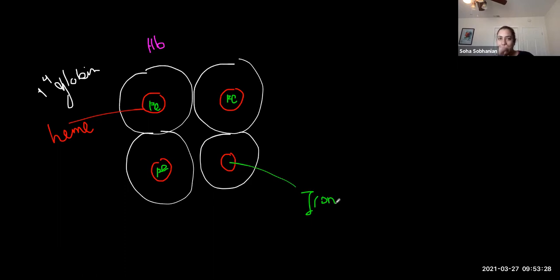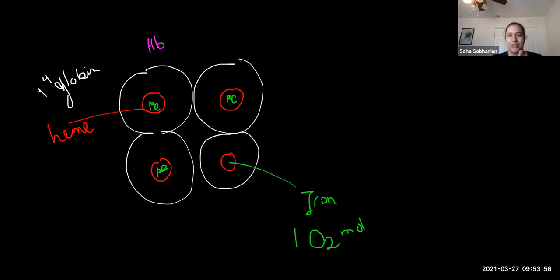So if you look at this, guys, we have 4 structures of each, right? 4 globins, 4 heme, 4 iron. So each of these irons carries 1 O2 molecule.